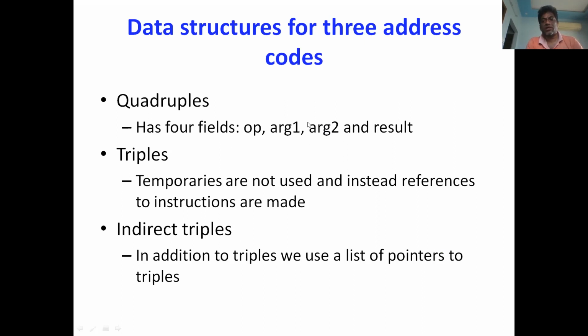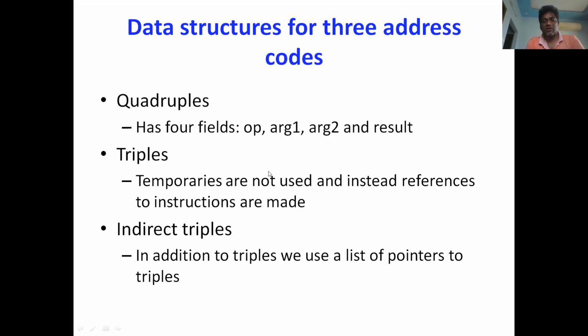Okay, so in the expressions that we are converting, there may be either unary operations or binary operations. If it is a binary operation, then both argument 1 and argument 2 will be present. If it is a unary operator, then argument 2 will be empty. Okay. In triples, these temporary variables will not be used.